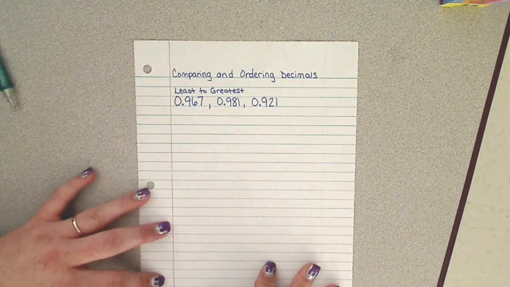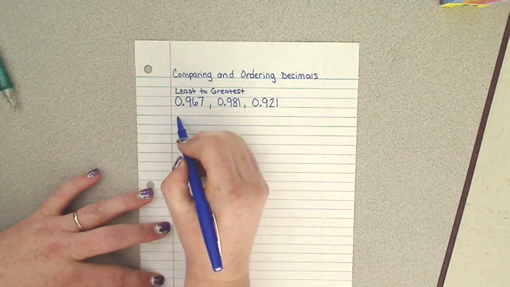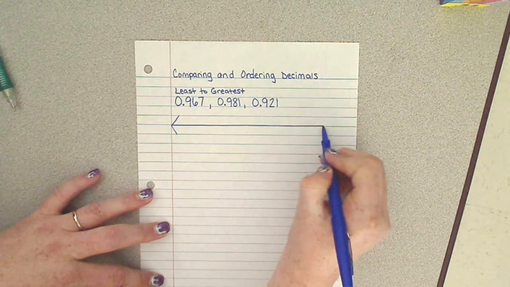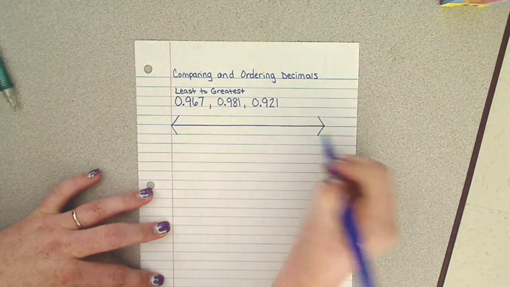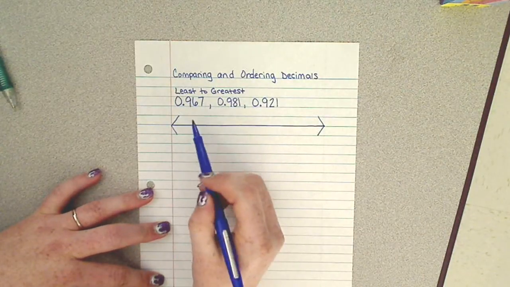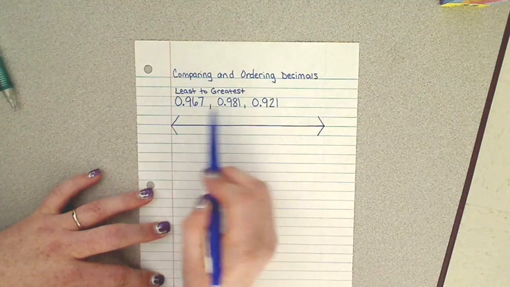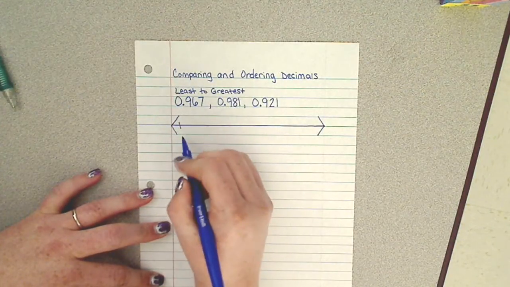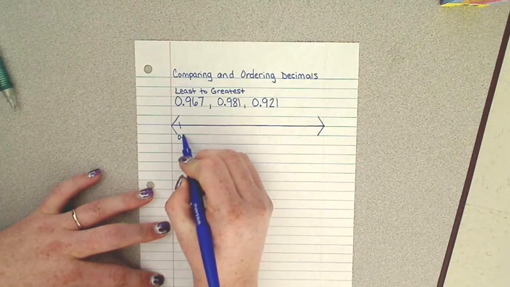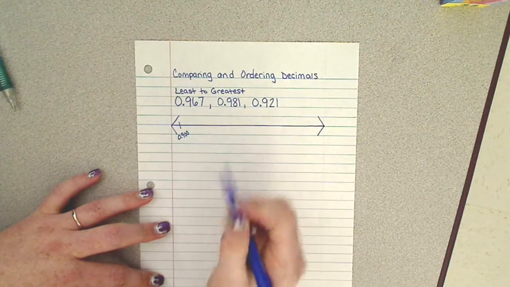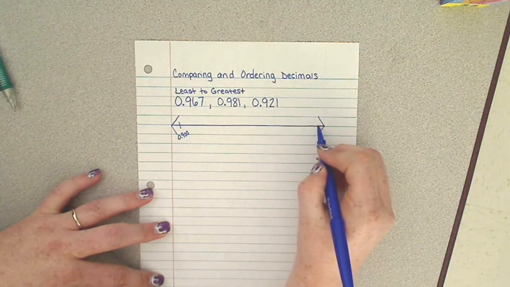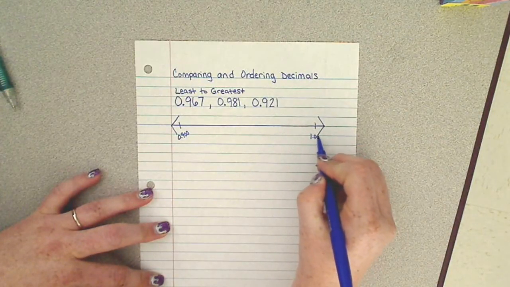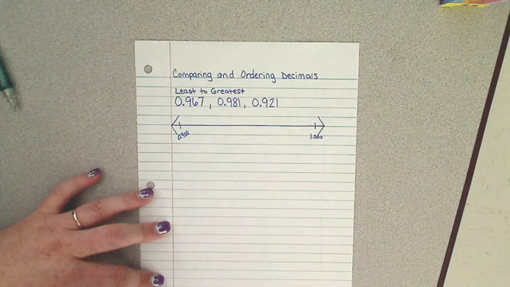All right, so starting off, I am going to write my number line in. And just comparing things, I'm going to start on this end with 0 and 900 thousandths. And then my opposite end is going to be 1 and 0 thousandths.